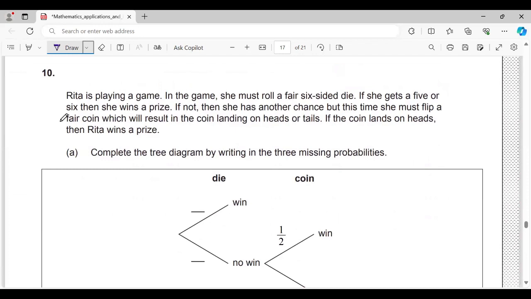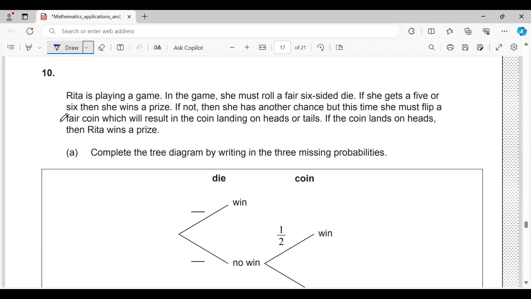10. Rita is playing a game. In the game, she must roll a fair six-sided die. If she gets a 5 or 6, then she wins a prize.